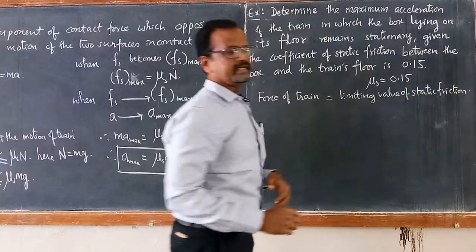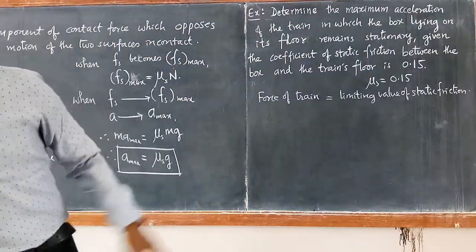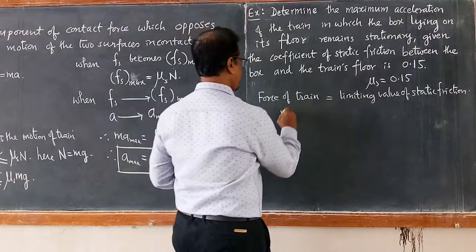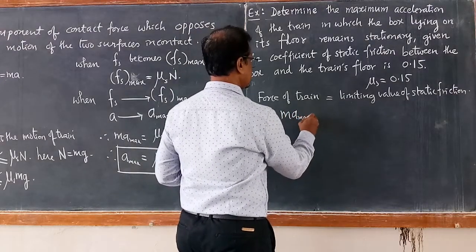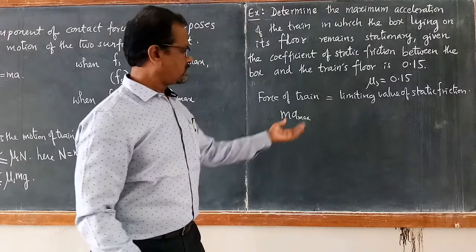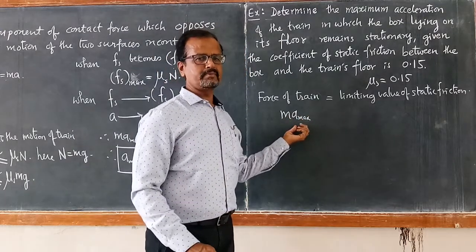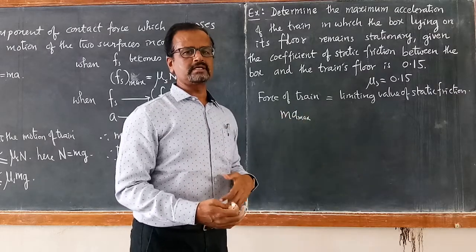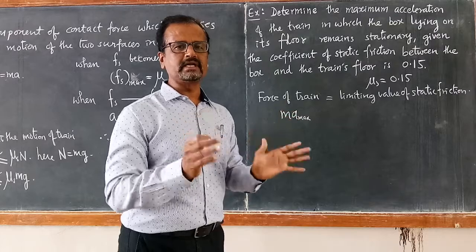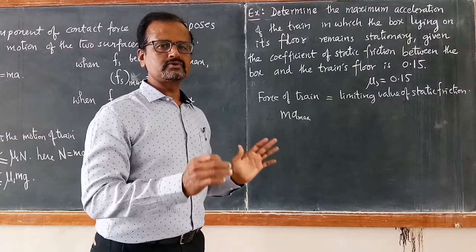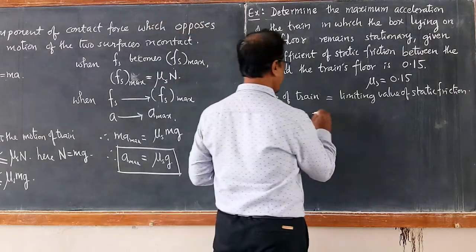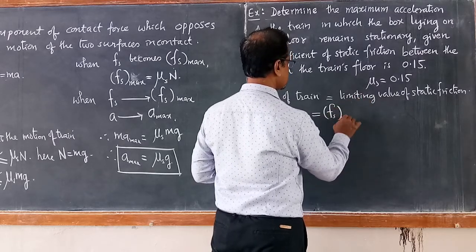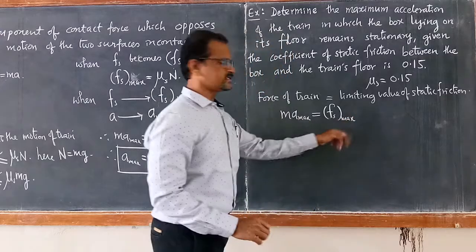So if m is the mass of the box, same diagram we can refer, and a max is the maximum value of acceleration of the train beyond which the box starts moving, below which the box will be still at rest. Ma max must be equal to the limiting value of static friction, Fs max. And what is Fs max?